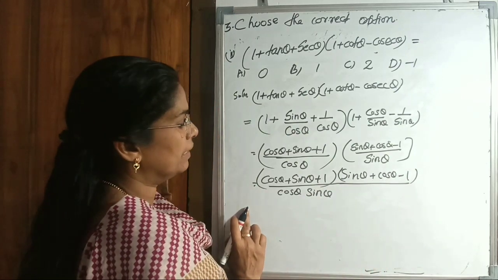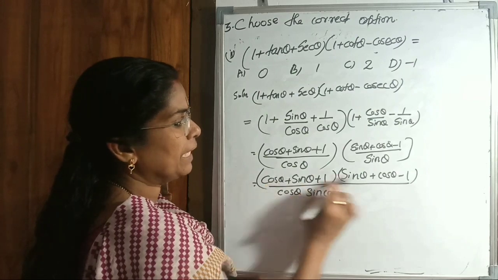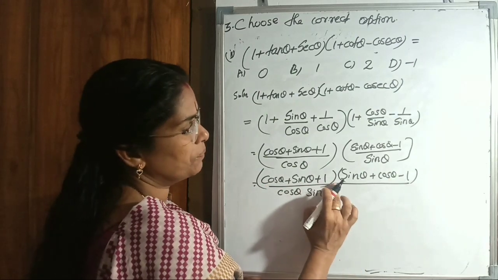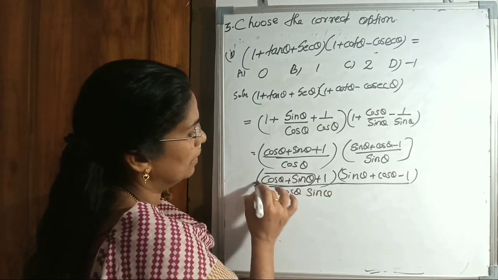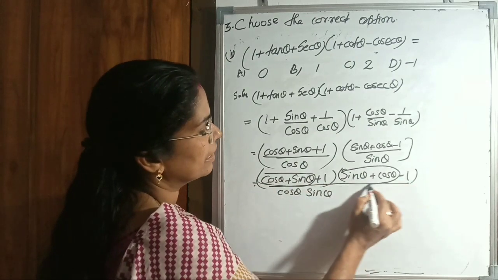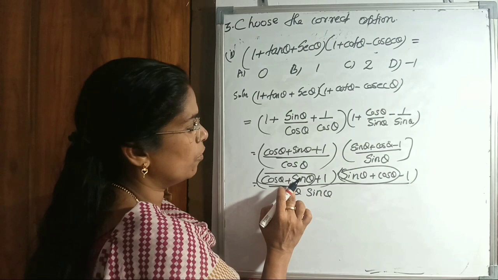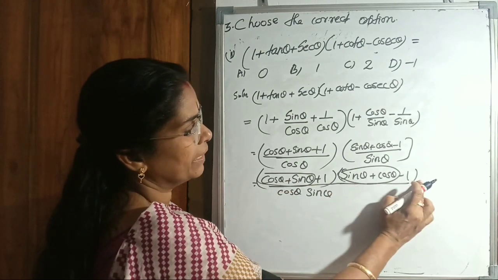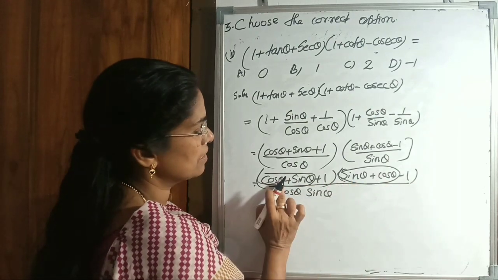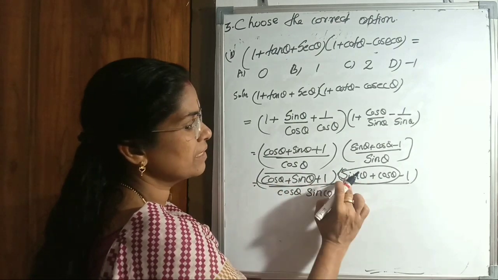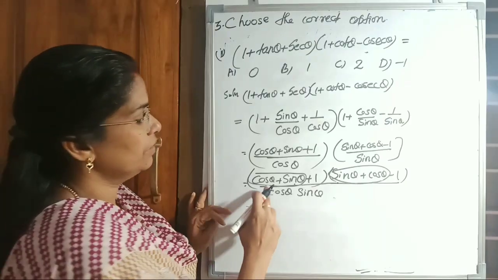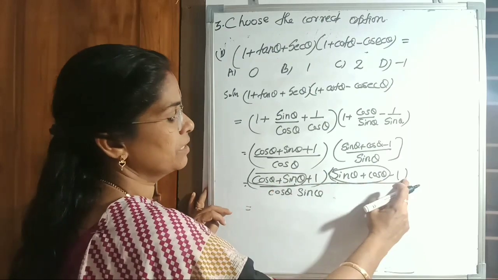Now look at the numerator. The same terms are there, one with plus 1 and another with minus 1. So we can take sin theta plus cos theta as one group. It is in the form (a plus b) into (a minus b). Here a means sin theta plus cos theta; cos theta plus sin theta and sin theta plus cos theta are the same.